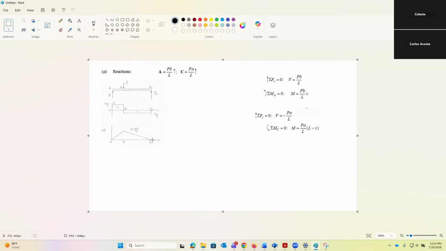If X is 0, it will be L minus 0. So PA times L divided by L is PA. So this here is PA.